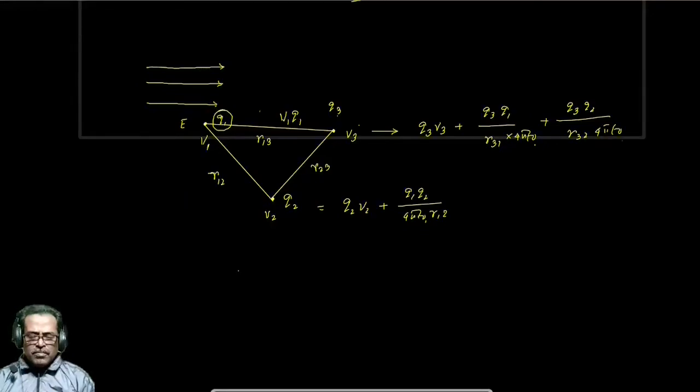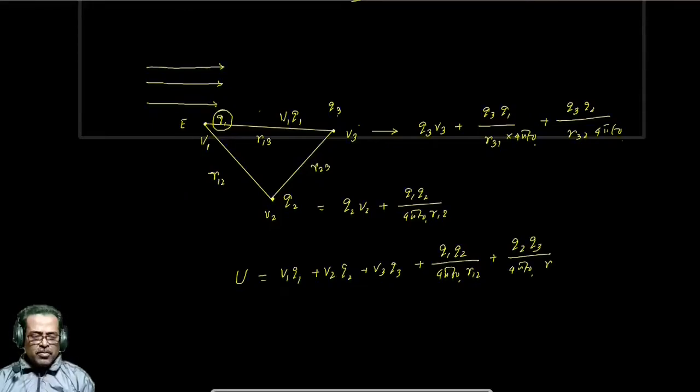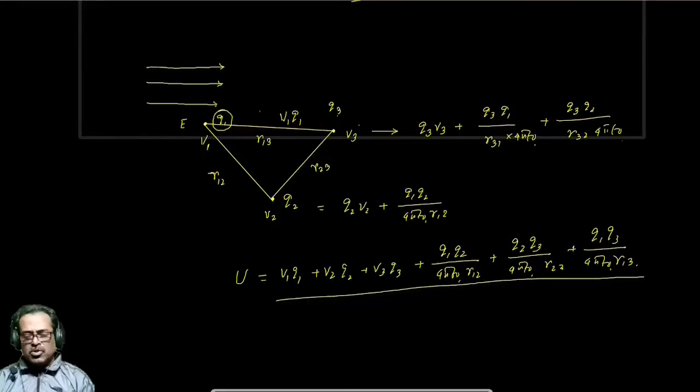So the total potential energy stored in the system will be V1 Q1 plus V2 Q2 plus V3 Q3 plus Q1 Q2 by 4 pi epsilon 0 R12 plus Q2 Q3 by 4 pi epsilon 0 R23 plus Q1 Q3 by 4 pi epsilon 0 R13. This will be the total energy stored in the system.